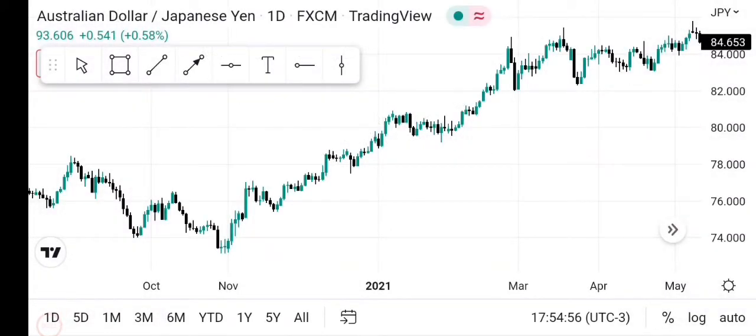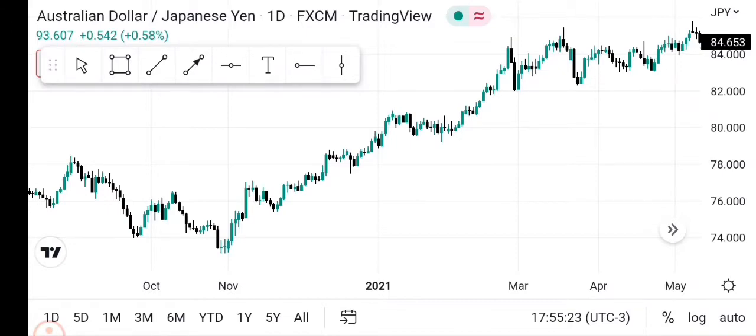All right, folks. This is the Australian dollar versus the Japanese yen, and this is the pair we're going to be using for today. Now, folks, like I said earlier, understanding market structure is the key to comfortably calling yourself a forex trader.